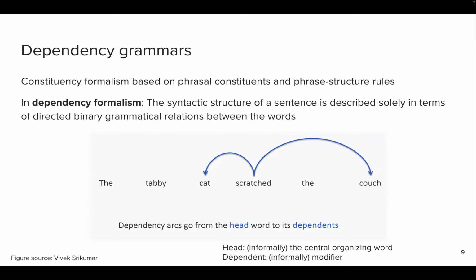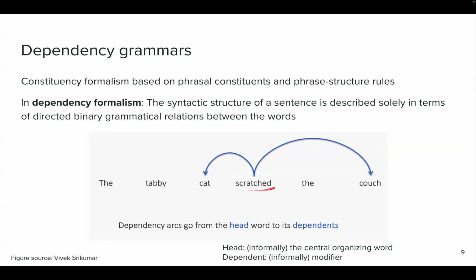The distinctive feature of the dependency formalism relative to the constituency formalism is that we are thinking about the syntactic structure of a sentence in terms of directed binary grammatical relationships between two words in a sentence. So let me illustrate this. Here we have a sentence, the tabby cat scratched the couch. The main verb that we will sometimes refer to as the predicate of this sentence is scratched. And we have in the dependency grammar formalism two arcs going from this word scratched, from scratched to cat and from scratched to couch. Now I will introduce some important terminology.